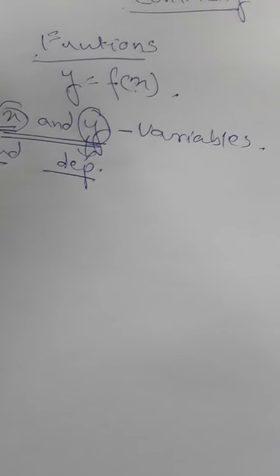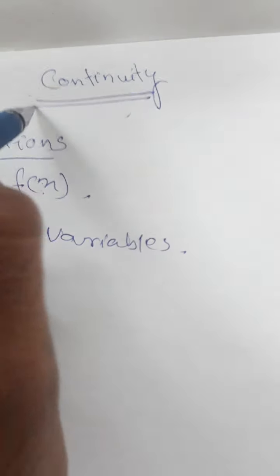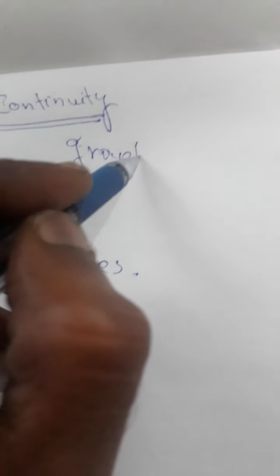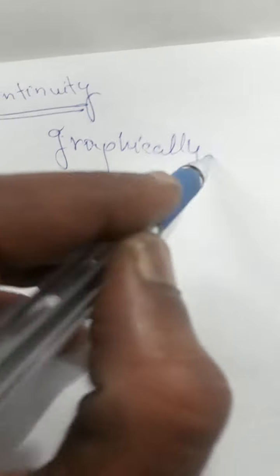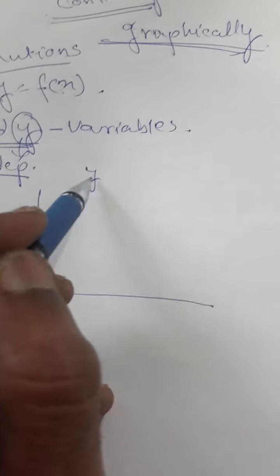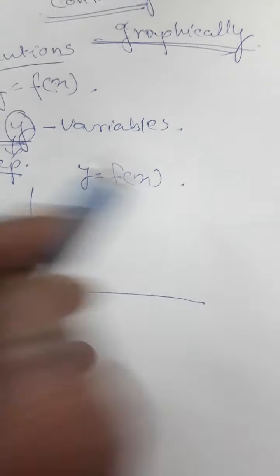Now remember that if I want to explain continuity, first I will be showing you graphically. Let me consider the graph of this function y is equals to f of x.